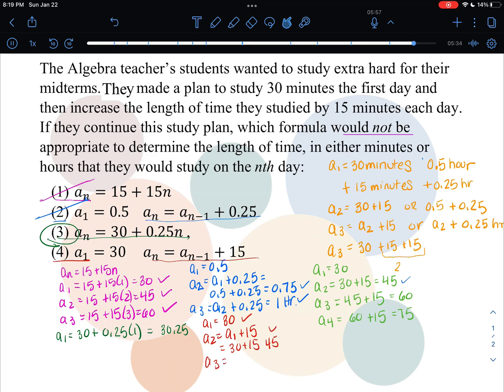A3 would be A2 plus the 15, which would give me 45 plus 15. This one also seems to check out, giving me the 60 minutes of study time. So that one is appropriate, so I'm going to cross that out.